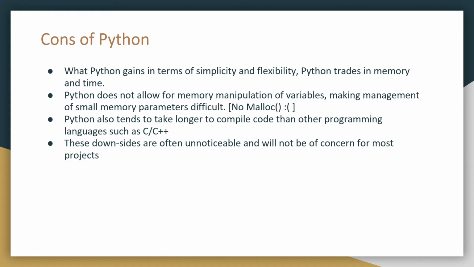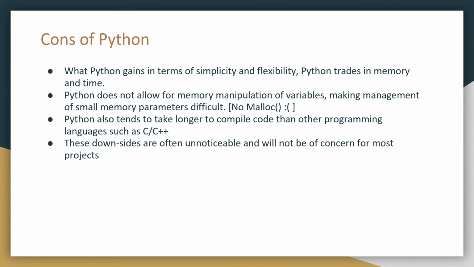So we covered a bunch of the great things that make Python such a popular language, but obviously not all this good stuff comes without its cons. Python gives up some of its simplicity and flexibility. It trades that off in terms of memory and time.